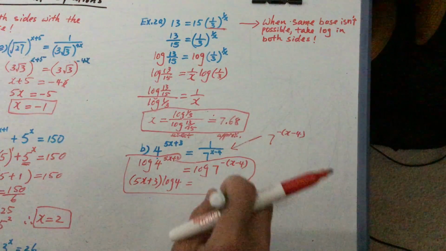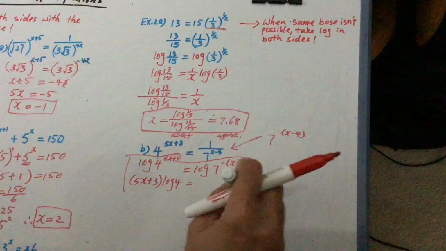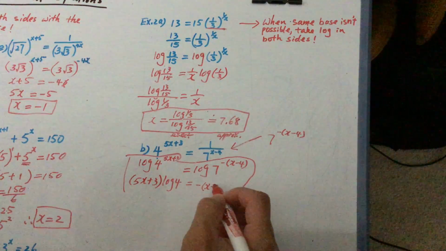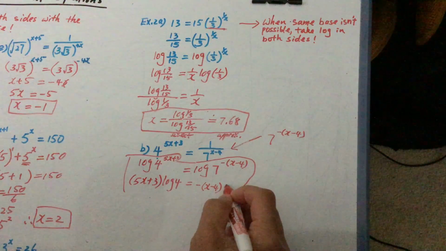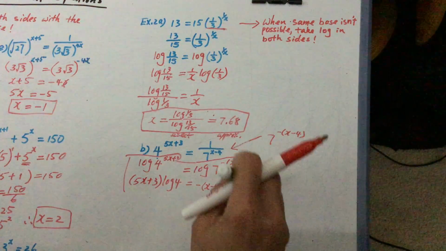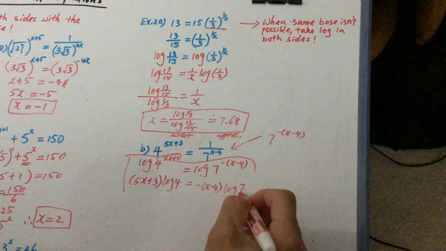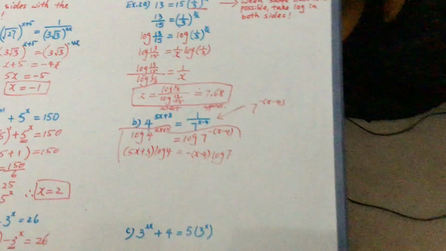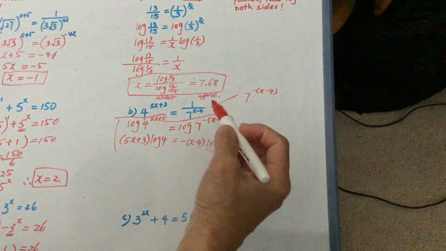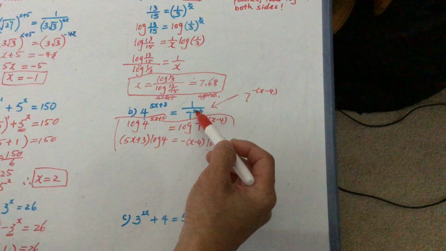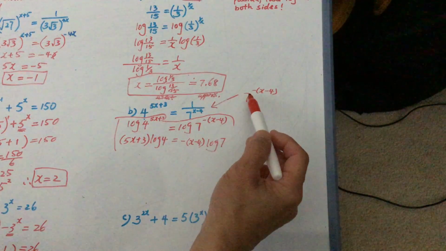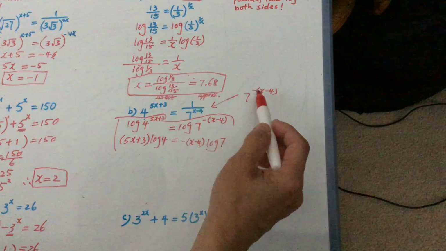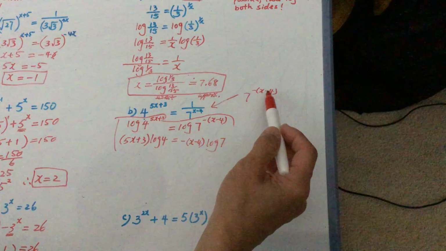Then I take the negative bracket x minus 4 as a log 7. Like this, so I don't have to deal with the fraction. That's the whole idea. So from 1 over 7 to the power of x minus 4, I turn this into 7 to a minus, because the minus will give me the 1 over, with the same exponent x minus 4.